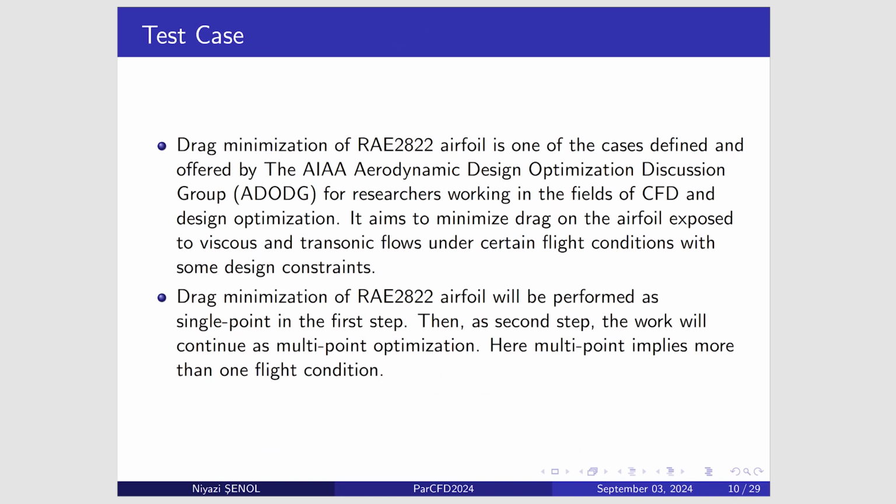The condition is viscous and transonic flow with different flight conditions and some design constraints. In the first step, we will use single point, and then we will move to multi-point optimization. What is multi-point optimization? If you have more than one flight condition, you have to use multi-point optimization.